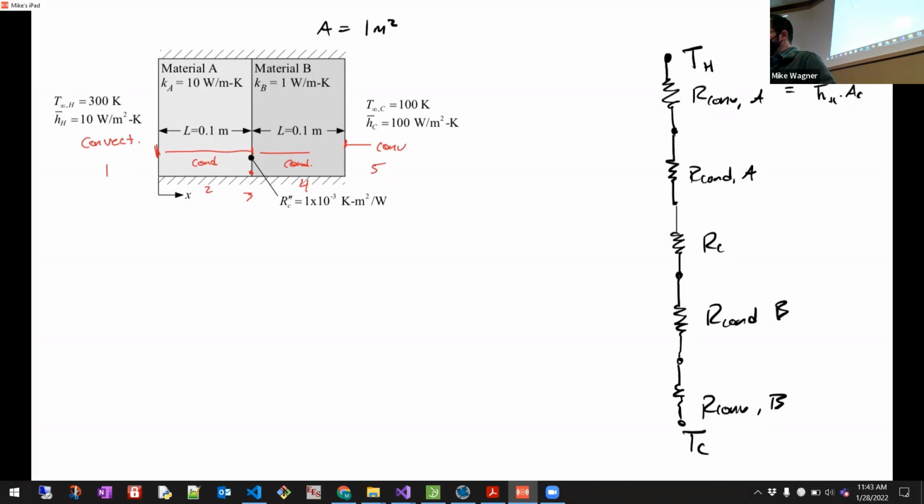Then we just have 1 over hA, well, that's 1 over 10, so that's 0.1. That's our resistance. And what are the units on this? Well, the units would have to be consistent with Q dot equals TH minus TC over R. So the units have to be Kelvin per watt.